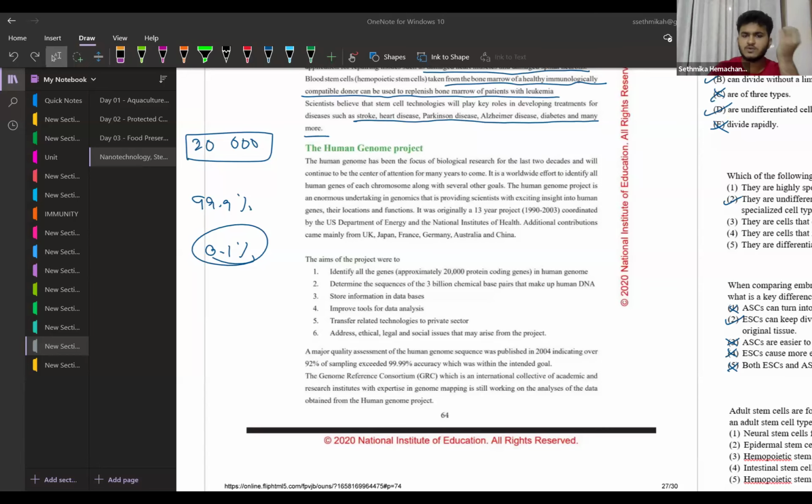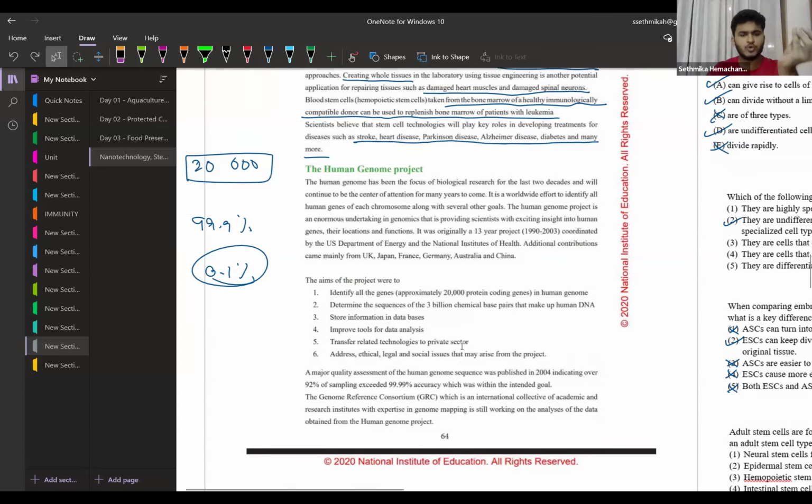Now, if you know the sequence of the nucleotides and you can decode that sequence, basically you know what nucleotide sequence is making that gene. So again, this Human Genome Project was originally designed so that the nucleotide sequences of these 20,000 genes could be identified.